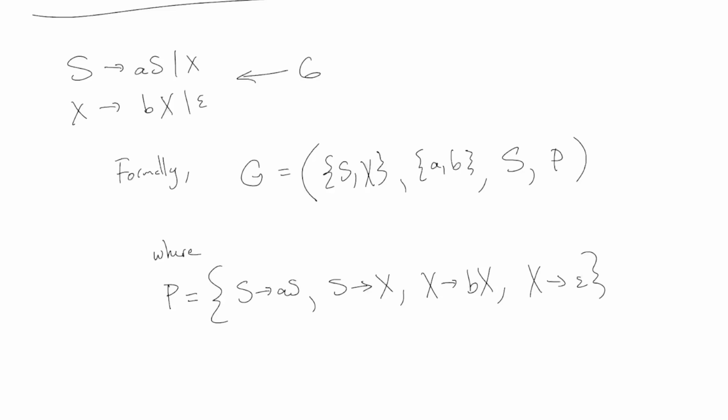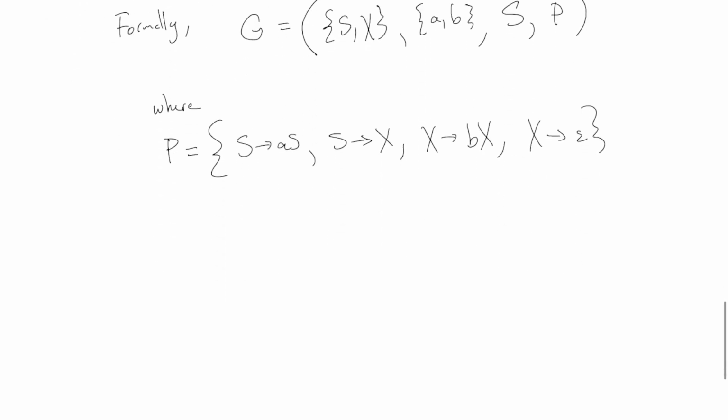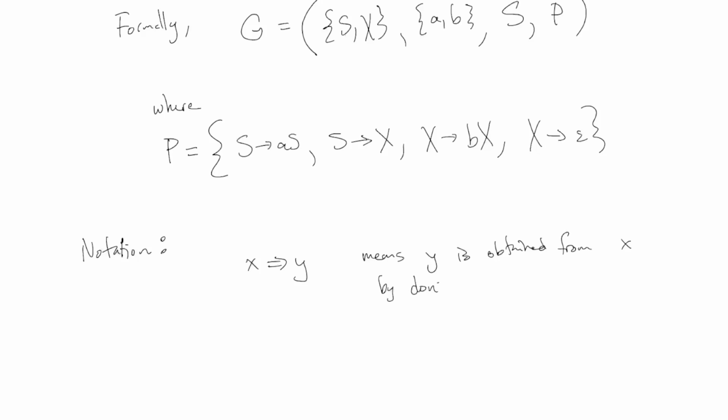Excellent. A little notation here that we use when we're talking about this formally. I've already used this, so I hope nobody is surprised, but when I write X with that kind of arrow to Y, this means that Y is obtained from X by doing one grammar production rule.